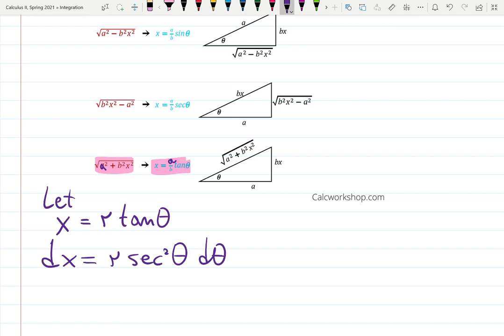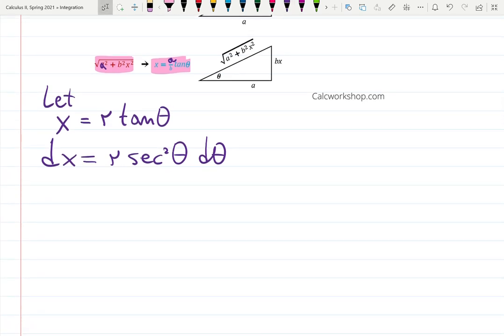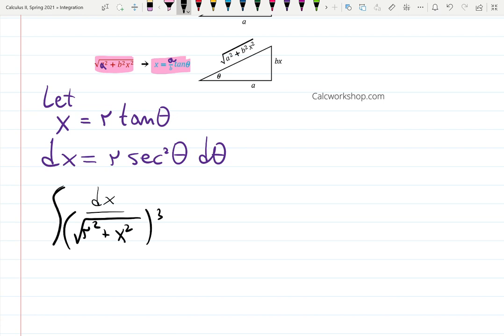Remember that. And also we need to change limits of integration, but we're not going to be bothered by limits of integration for now. Let's just solve the indefinite integral and then see how it goes at the end. That will be easier this way, because it's an improper integral, so we need to use limits and stuff. Then the integral of dx all over r squared plus x squared, to the 3/2, is going to be the integral, where dx is r secant squared theta d theta.